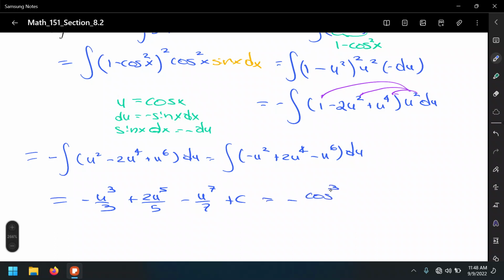So cosine cubed x over 3 plus 2/5 cosine to the fifth of x and minus 1/7, or rather cosine to the 7 of x over 7 plus c. And we're done. Perfect timing.